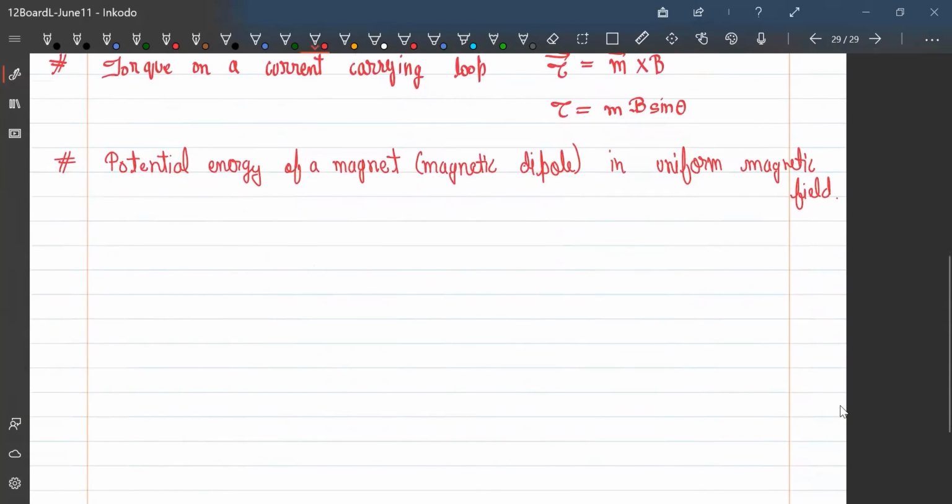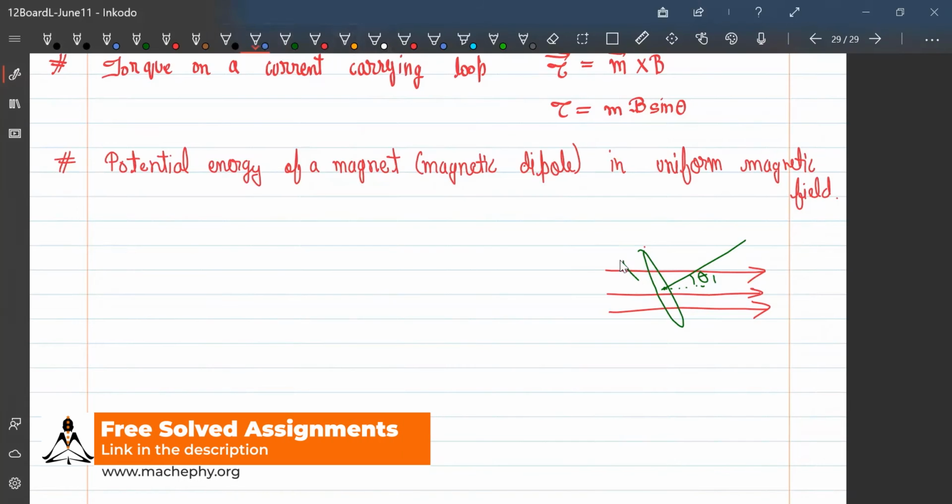Suppose initially you have a magnetic field in this direction and the loop was like this. The loop was making angle theta 1 initially, and you have rotated it. Now the angle that is made is theta 2.